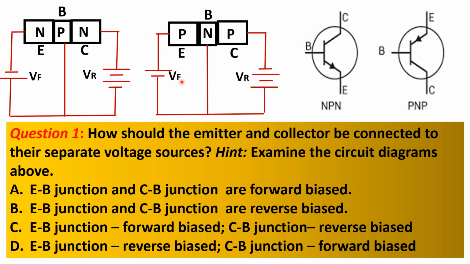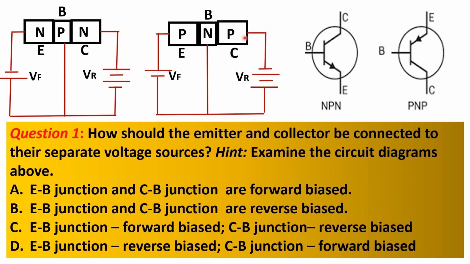And therefore, we say that the EB junction, emitter base junction, is also forward bias. While the collector base junction, since the charge carriers in P material are also holes, hence are considered positive, but they are connected to the negative terminal of the battery. So we say that the CB junction is in reverse bias.